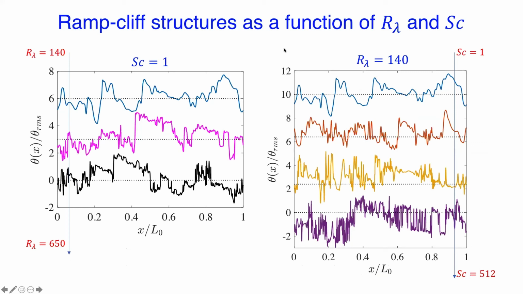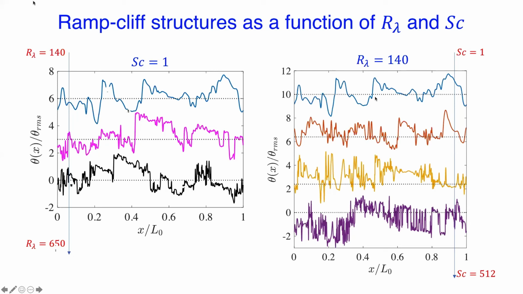So talking about the ramp-cliff structures, on the left, these are the ramp-cliff structures from DNS for Schmidt number one. And from top to bottom, the Reynolds number is increased from 140 to 650. And we can see that at all Reynolds numbers, the cliff and ramp structure is very clearly visible. At higher Reynolds number, there is more small scale motion, but the ramp-cliff structures clearly still persist.